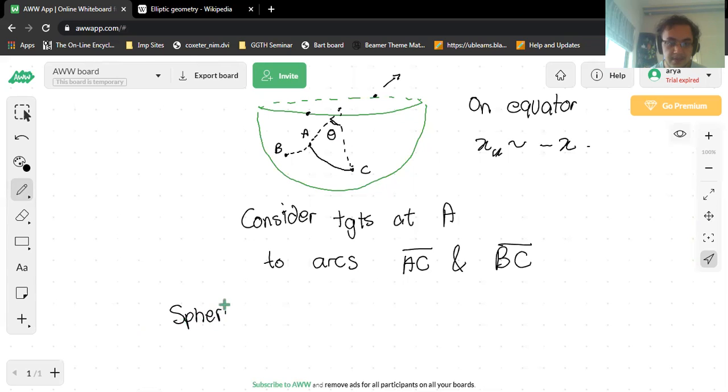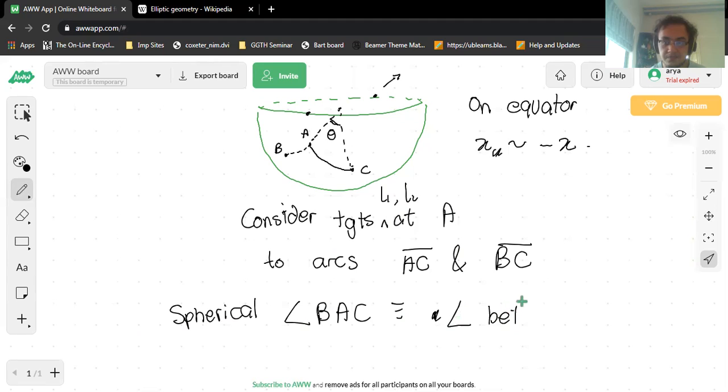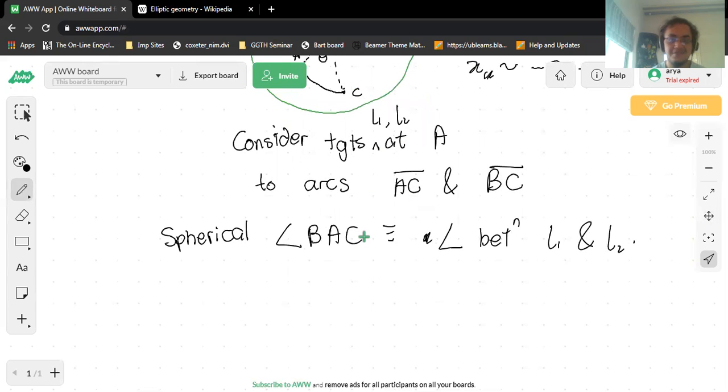The spherical angle BAC is defined as the measure of the Euclidean angle between these tangent lines, which I'll call L1 and L2. So you have defined distances, you have defined angles, and so on.